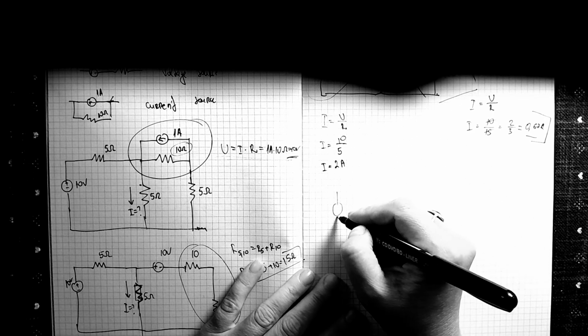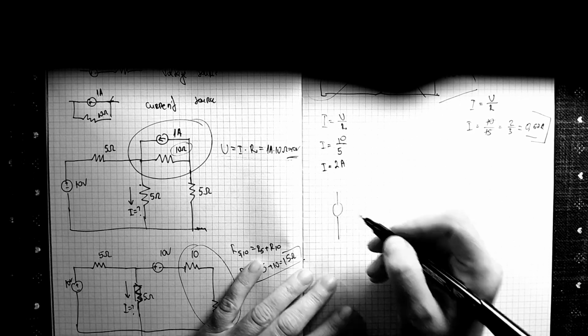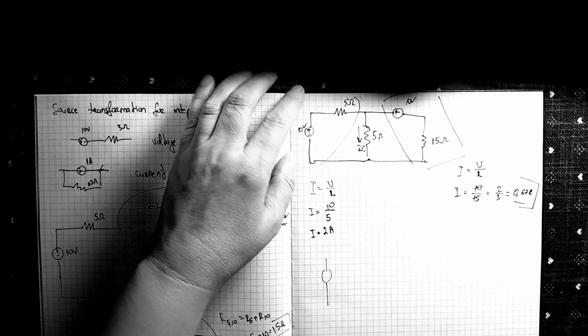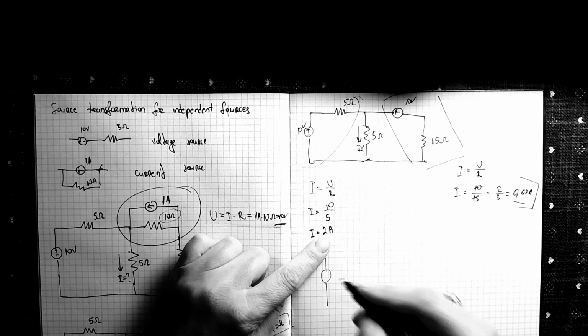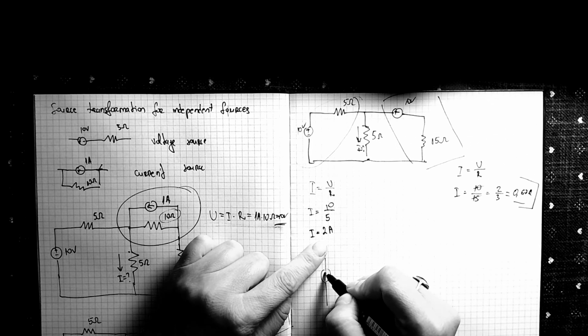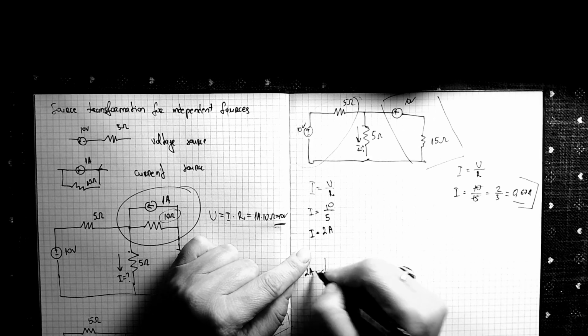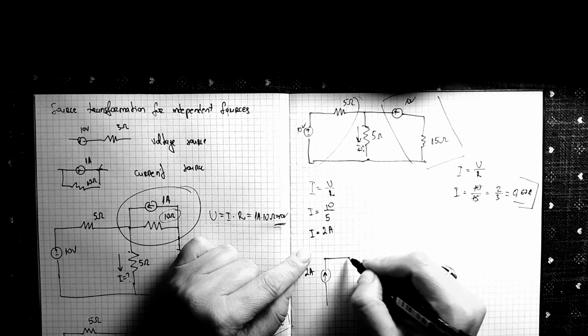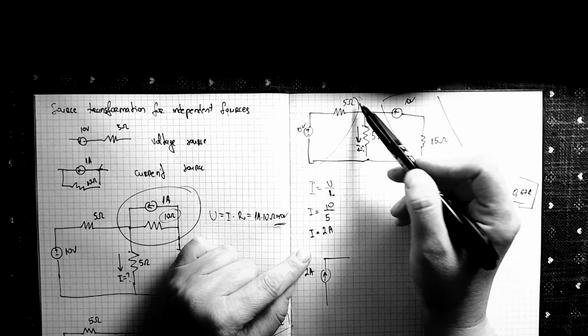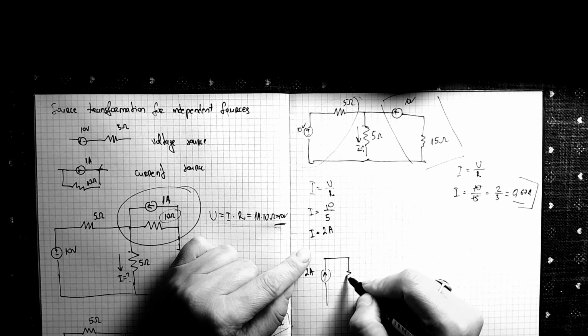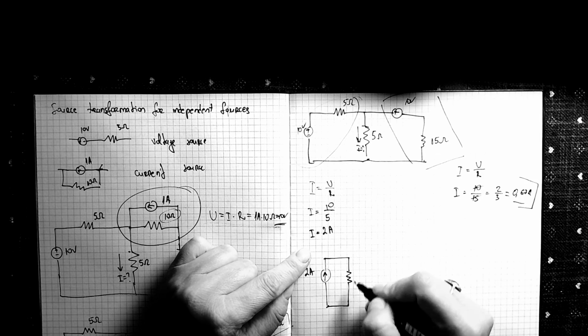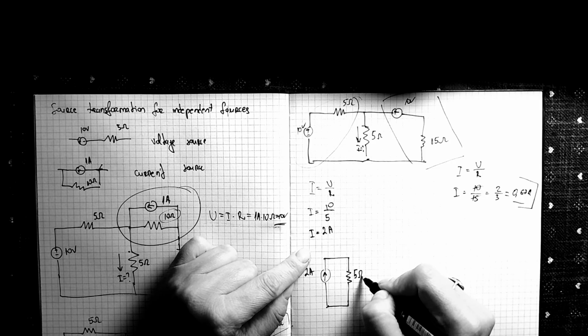We have current. Here, where it was 10, it is now 2, and the arrow points up because the plus is up, so it will be 2, and this resistance will be here in parallel. It is still 5 ohms.